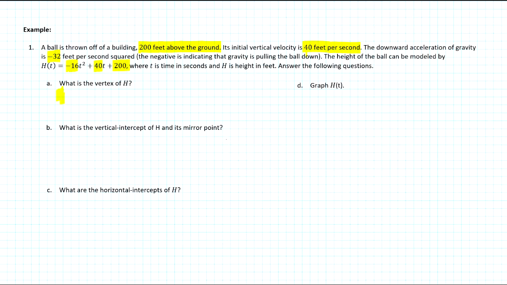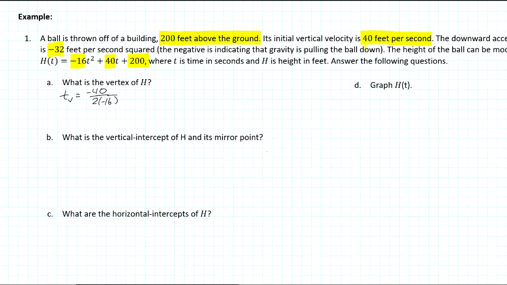So the t value of the vertex is going to be negative 40 over 2 times negative 16. This is going to give us 40 over 32. This reduces to 20 over 16, 10 over 8, 5 over 4, or 1 1/4.